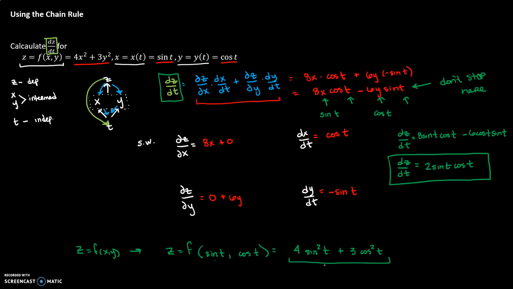This looks a lot more like a Calc 1 problem, where z is a function of one variable t. In fact, if you were to find dz dt using this function that we have, you'll get the same answer that we got. And so for some of us, it might feel like that's the faster way to do this problem. And I get it, but that's only because this example is using very simple functions.